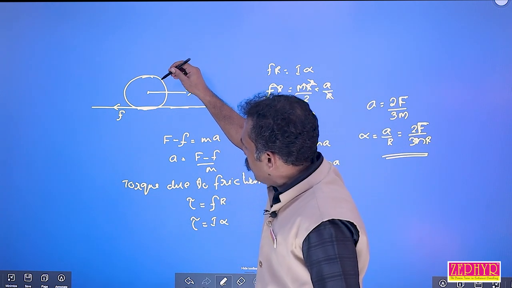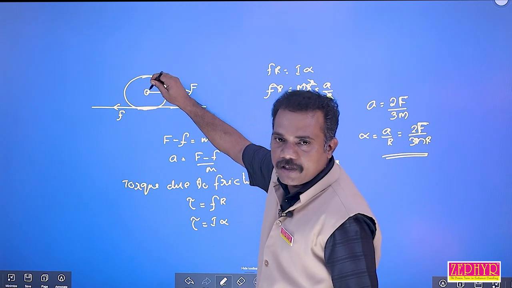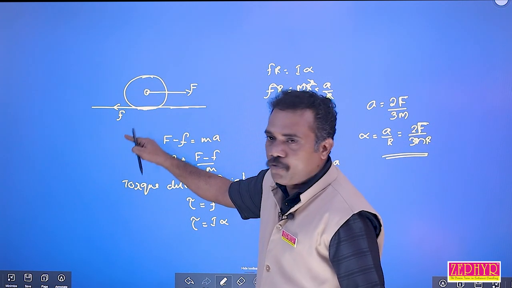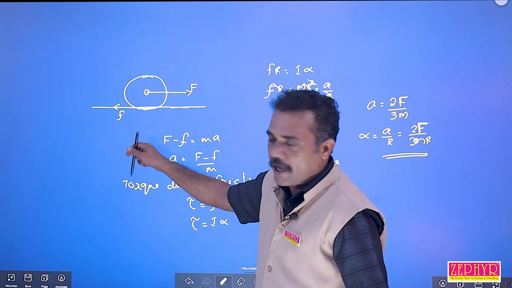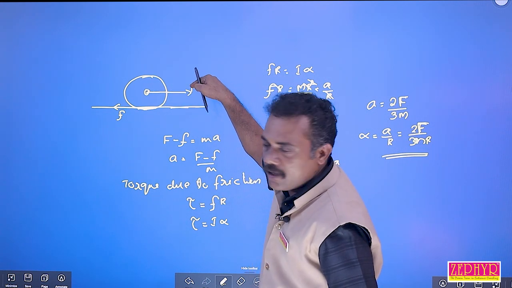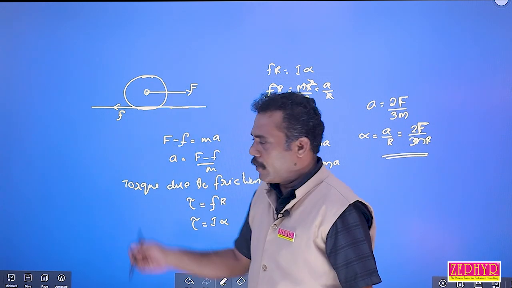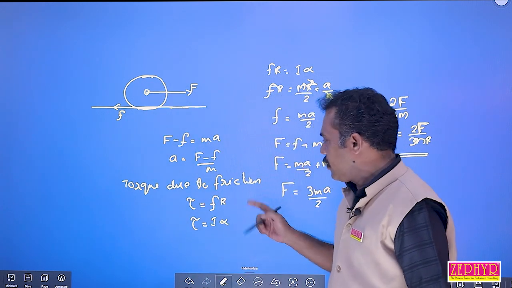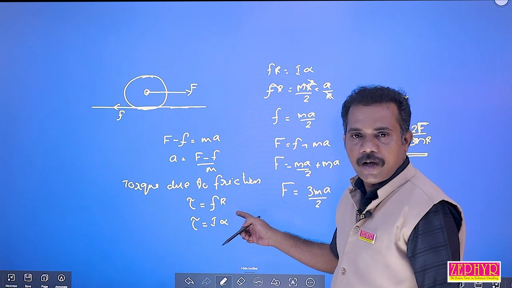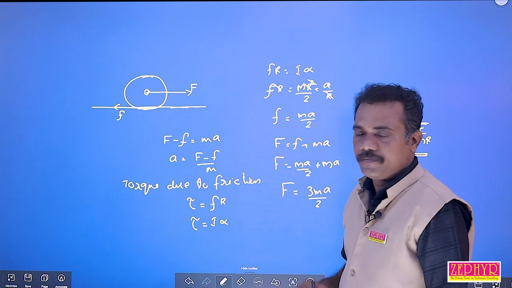Suppose the torque about the axis of the cylinder: about this axis, the applied force produces no torque. About this axis, torque is produced by friction. So torque due to friction, tau equals fr, where f is friction, and also tau equals I alpha.